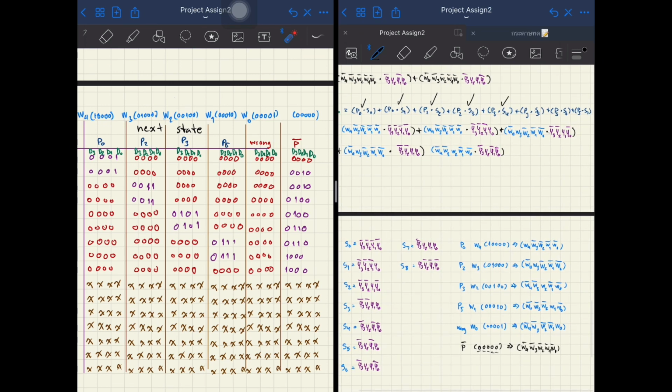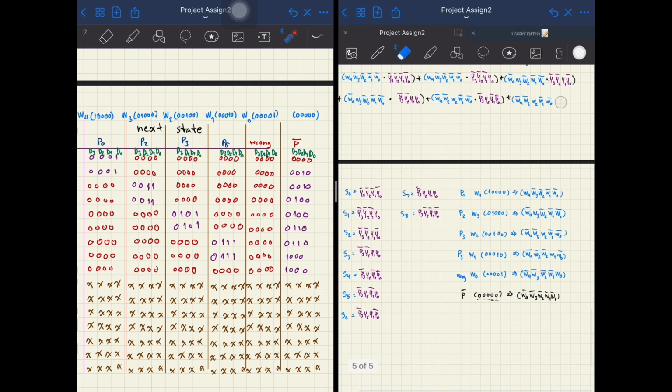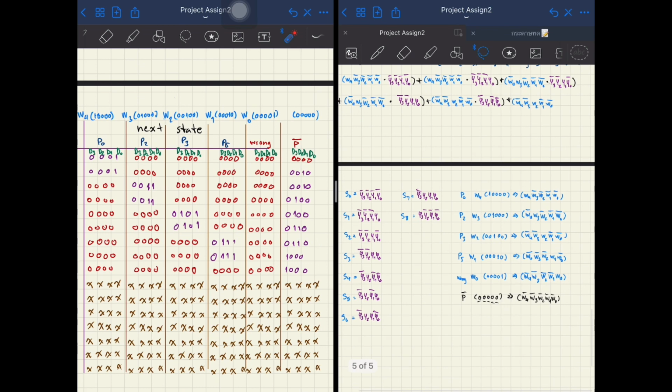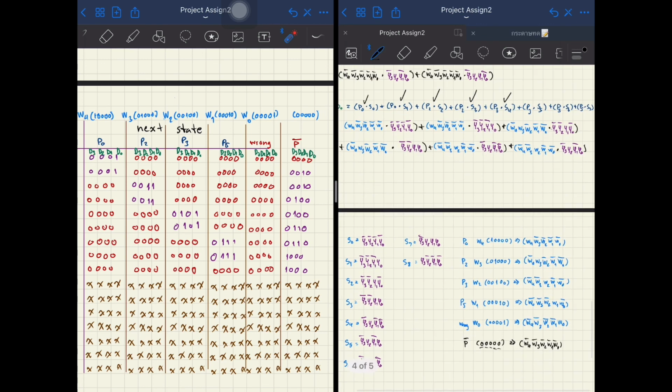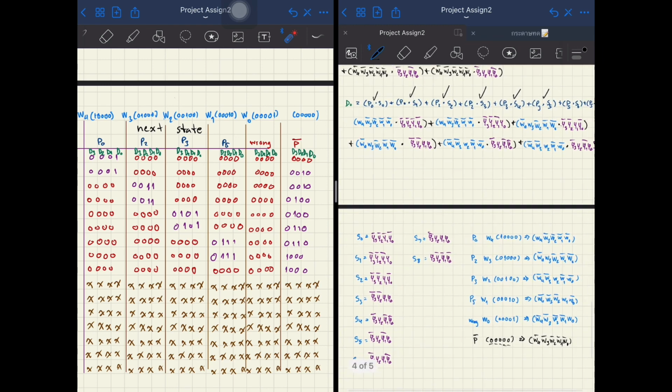Next one is P3 and with state 5. P3. Copy, paste. Oh, I forgot again. P3, okay. I got P3. And with what? State 5. State 5 is here. And okay, we check it. P5 and with state 6.